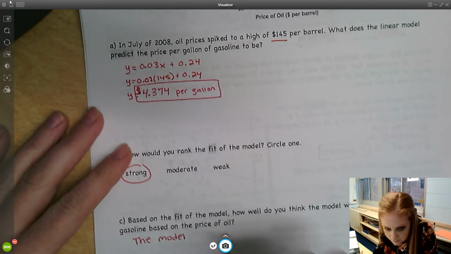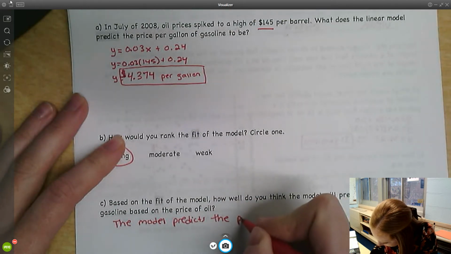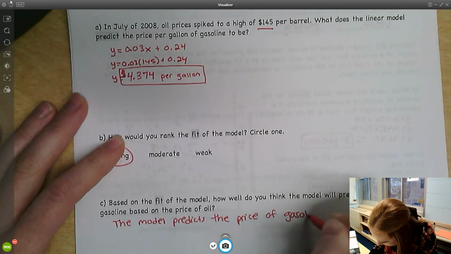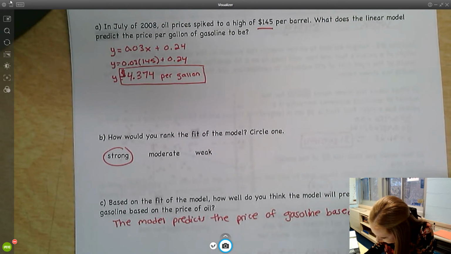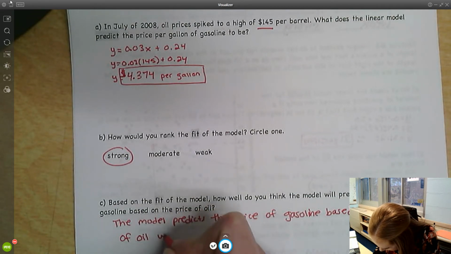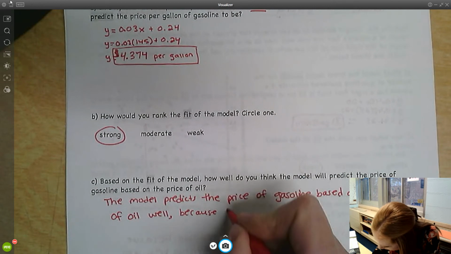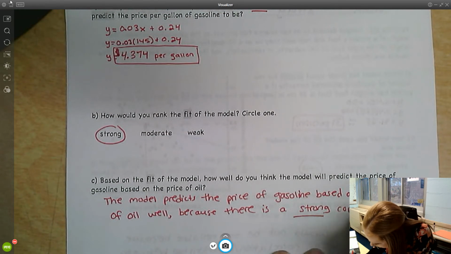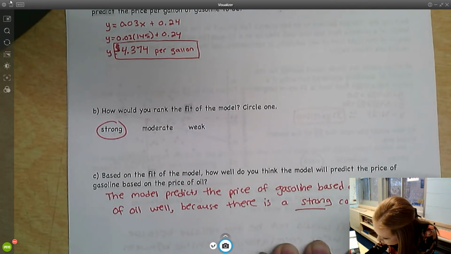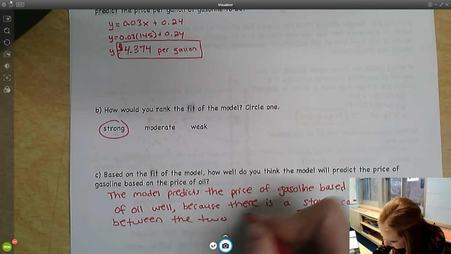So we could say the model predicts the price of gasoline based on the price of oil well, because there is a strong correlation / relationship between the two variables.